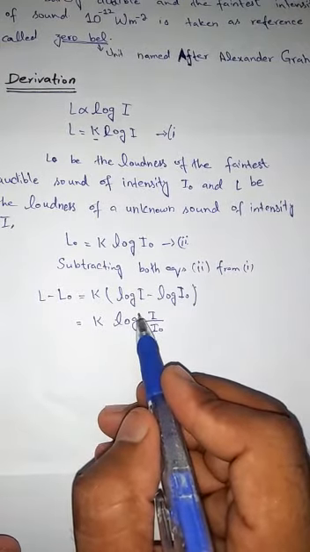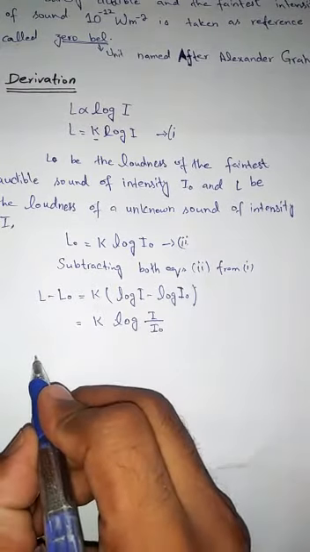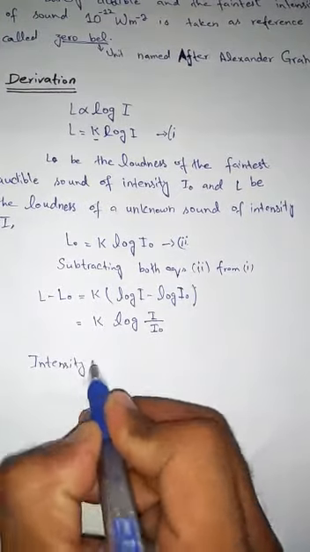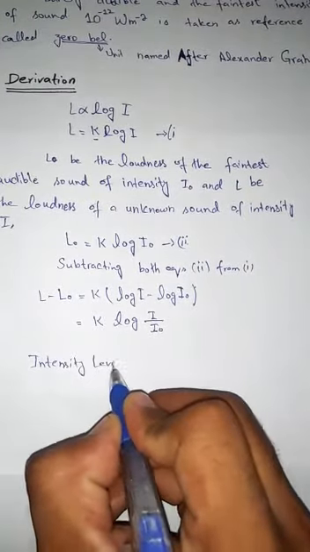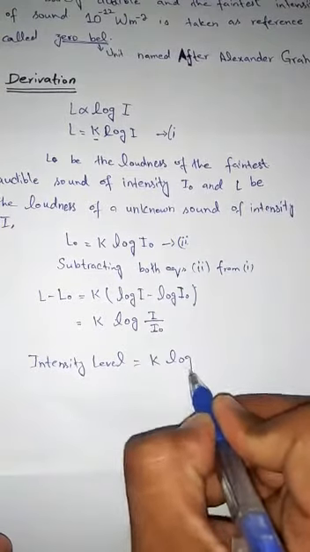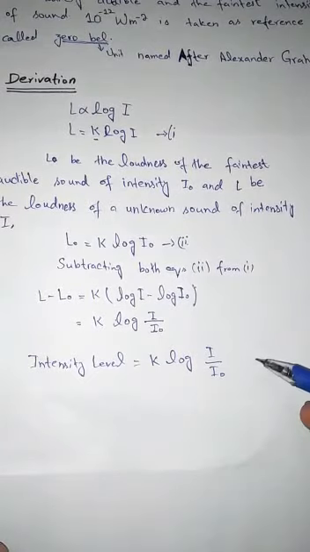Therefore the intensity level of an unknown sound is given by k log I over I naught.